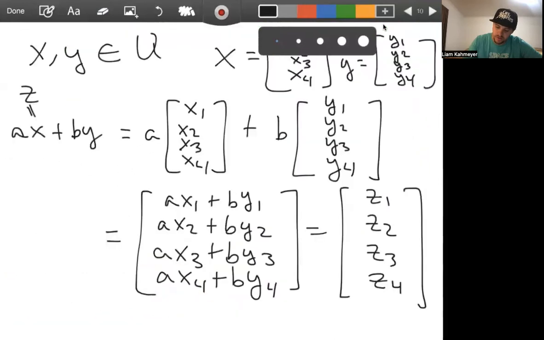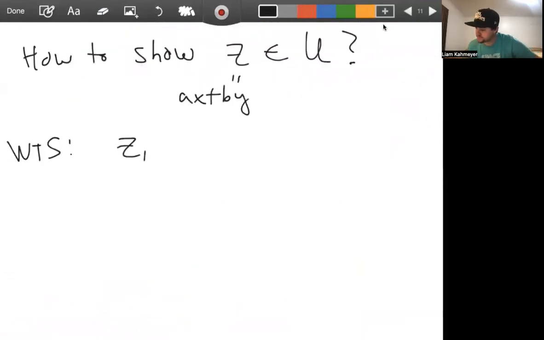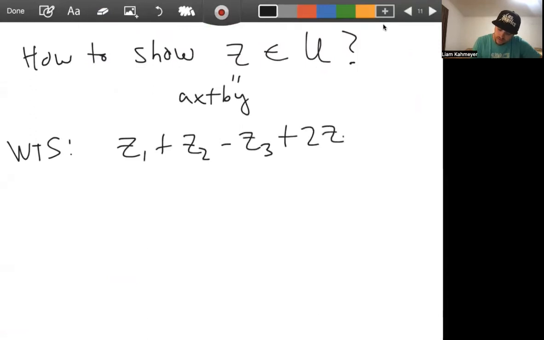Let's start with the first one. We want to show that z1 plus z2 minus z3 plus 2z4 is equal to 0.